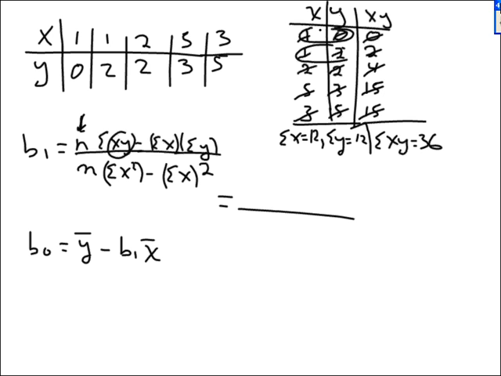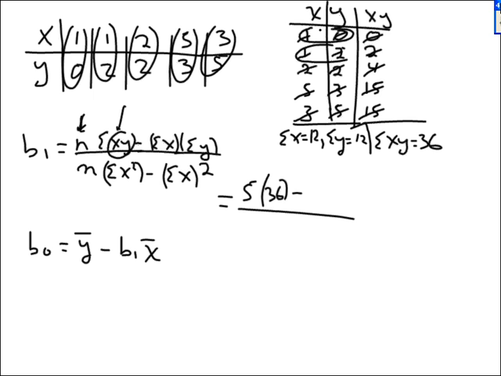So it's n, which is 1, 2, 3, 4, 5, times the summation of xy, which we just computed to be 36, minus the summation of x, which is 12, the summation of y, which is also 12. I divide this by n, which is 5, times the summation of x squared.